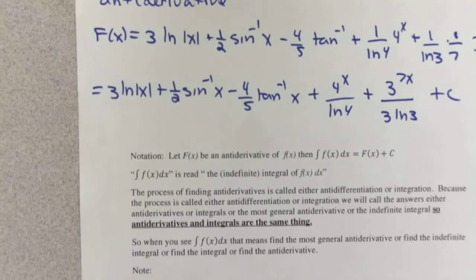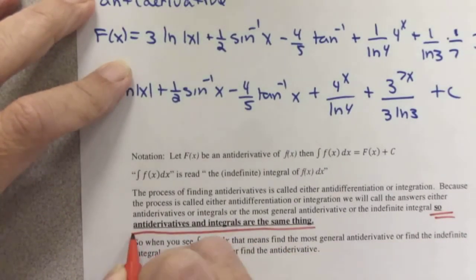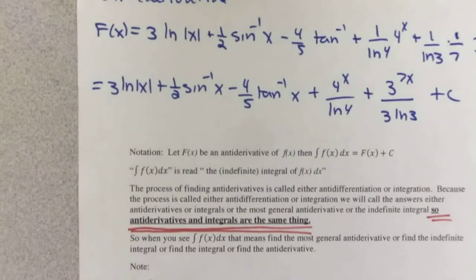But the point here is, antiderivatives and integrals are the same thing. So when someone says integrate, that's the same thing as saying antidifferentiate. Someone says find the antiderivative, same thing as finding the integral, find the indefinite integral. Antiderivatives and integrals are the same thing.